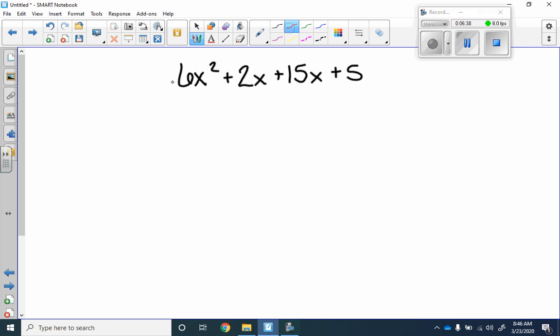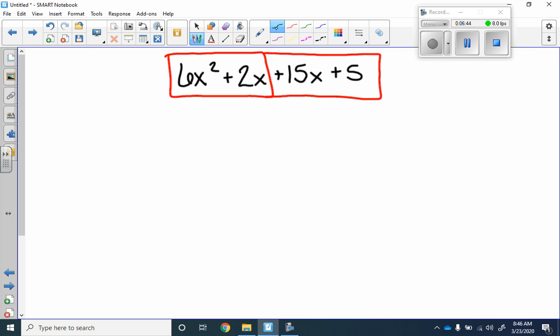All right, so let's take a look at this one. I'm going to group together the first 2 and the last 2, and now I'm going to factor out the GCF. So 6x squared and 2x, we can take out a 2x, and we're left behind with 3x plus 1.